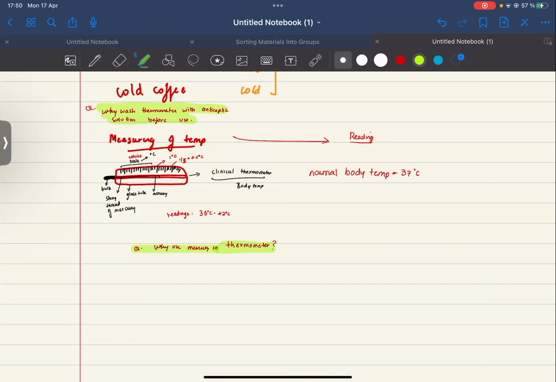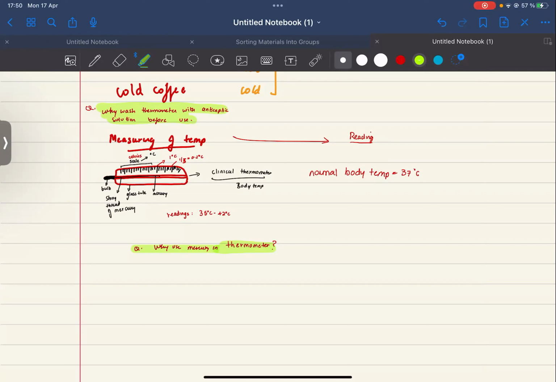Okay, so I always want an answer with an explanation. If you're saying true, you should have an explanation. If you're saying false, you should have an explanation too. So obviously, yeah, you're getting the accurate reading of the temperature of the person's body. The thermometer is a device used to measure temperature, and there are some areas in our body where you have extreme hotness or extreme coldness.